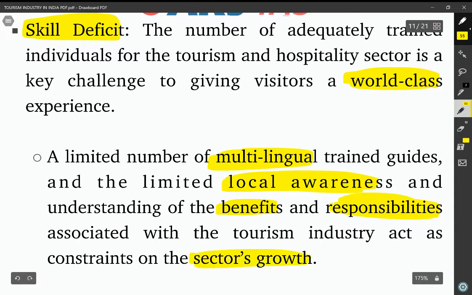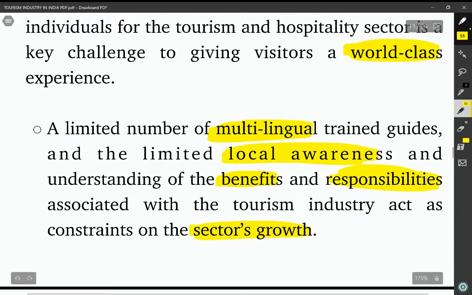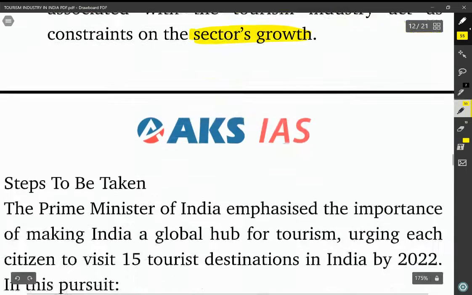See, there is very limited skilled manpower in India, and even the manpower which is available is poorly aware, does not have proper responsibility, and does not understand the importance of the tourism sector, is what the author is trying to mention.